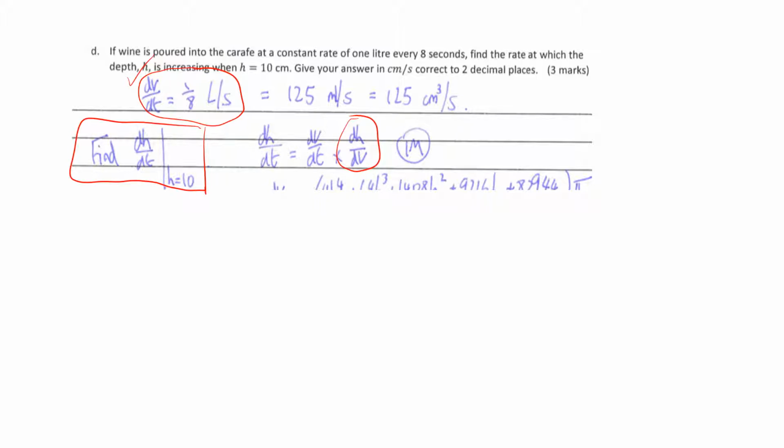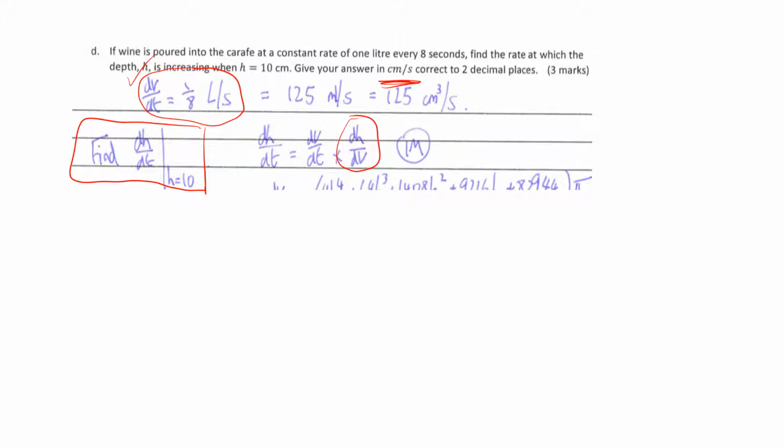Now, before you progress any further, I wouldn't leave dV/dt, the rate of the volume of water entering the carafe, as 1/8 of a litre per second, because what's important in related rates is that the units must be consistent. Litres don't match nicely with centimetres, and take note of the question: dH/dt must be in terms of centimetres per second.